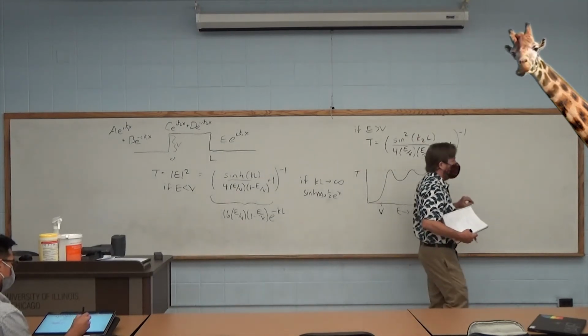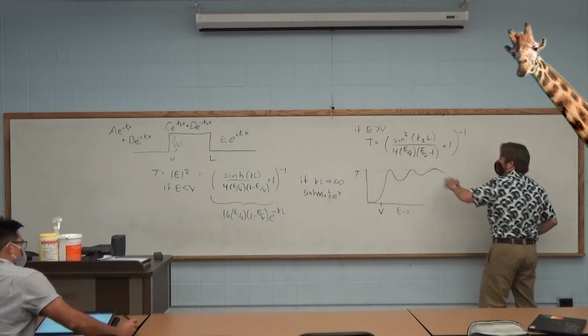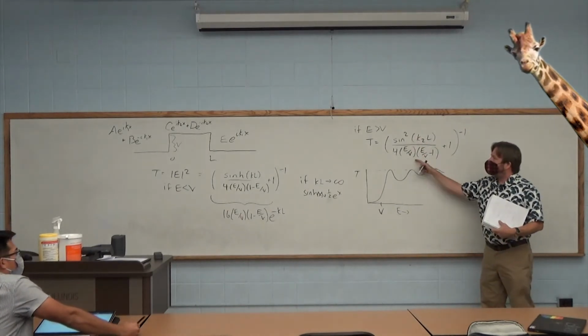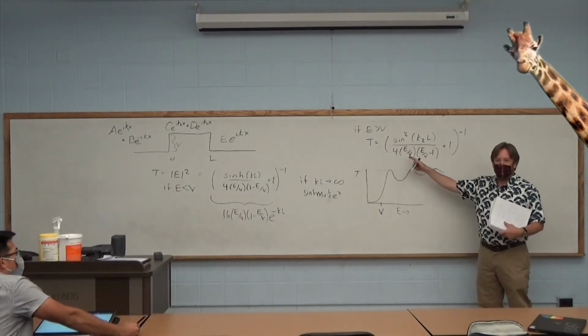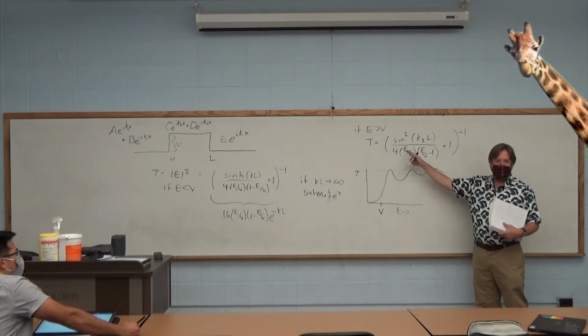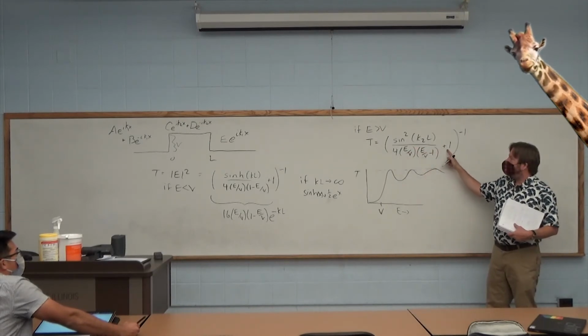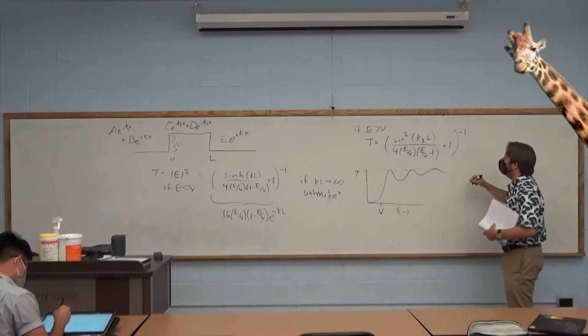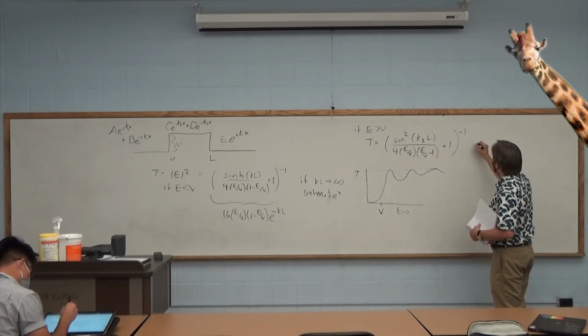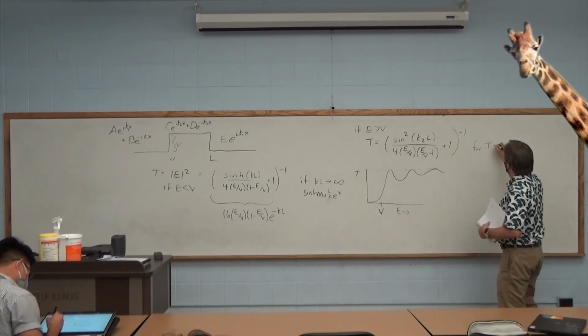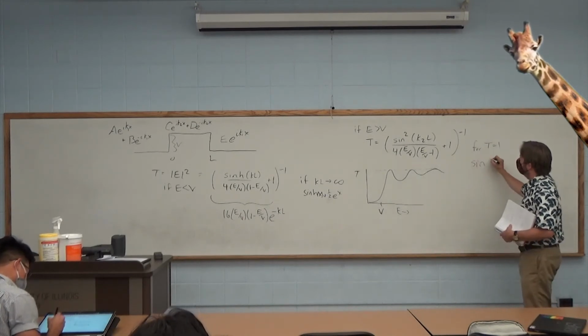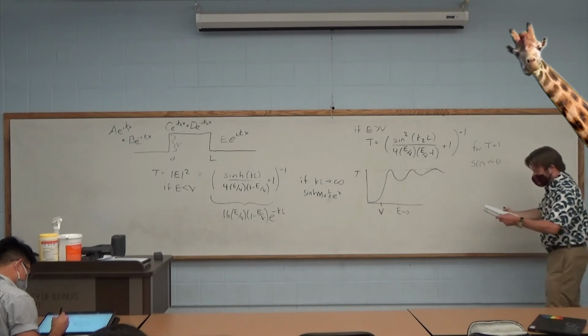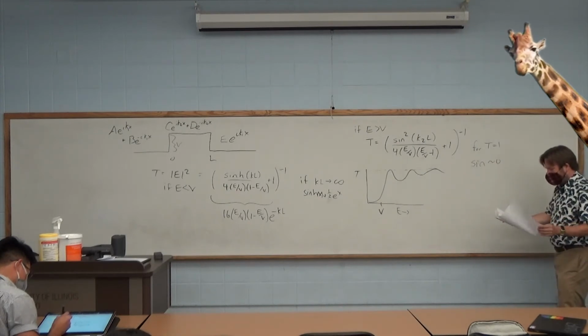But when you look at this, you need this to be what? For the transmission to be 1, there's a 1, so this is 0. So you need this to be 0, which means you need sine to be 0.